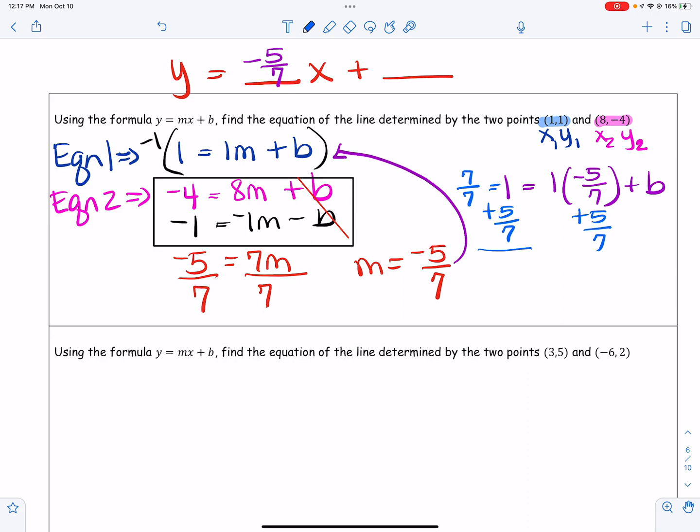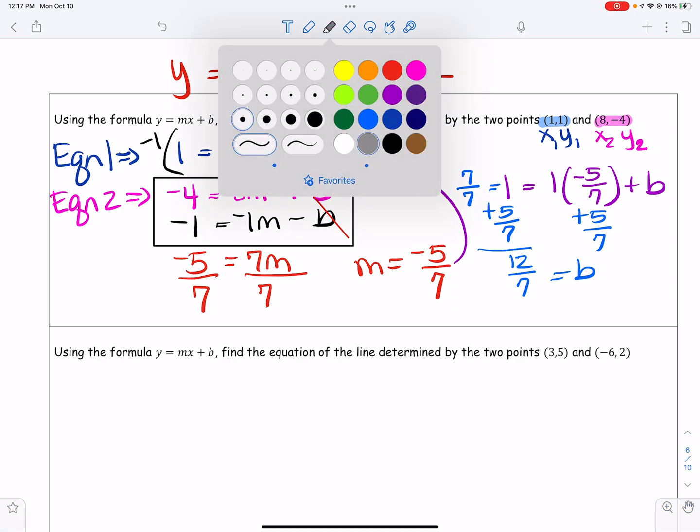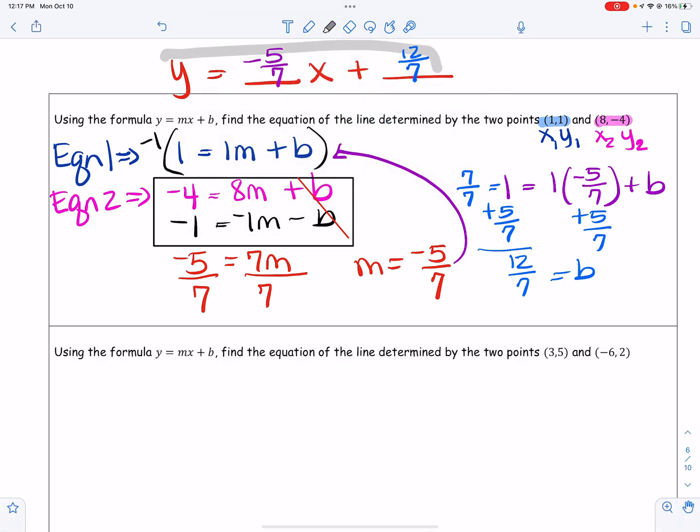And 7/7 plus 5/7 makes 12/7, and that's b. And so then I would put 12/7 here. So this right here is the answer that they're looking for, okay? So they want the equation in slope-intercept form. Now, I know there are other ways to do this, but because we are in systems of equations, this is how I want you to approach this problem, okay?